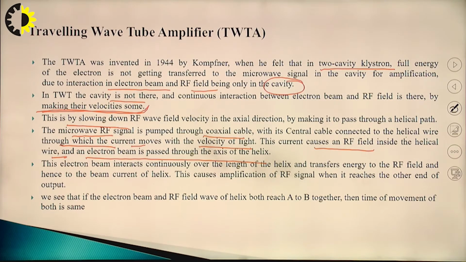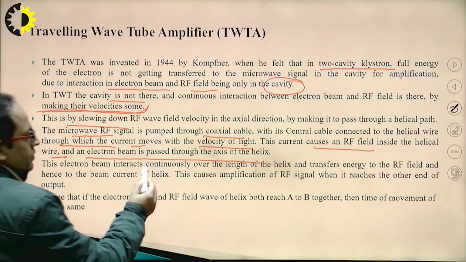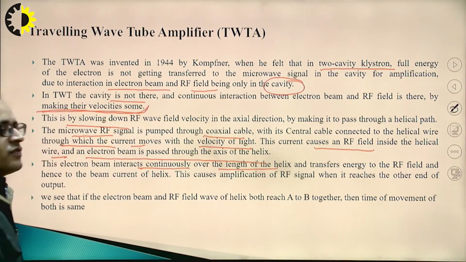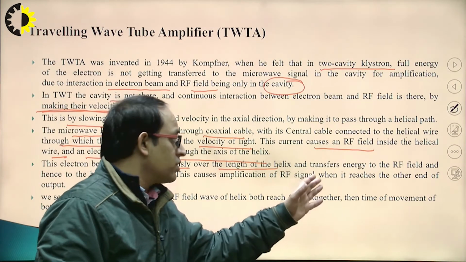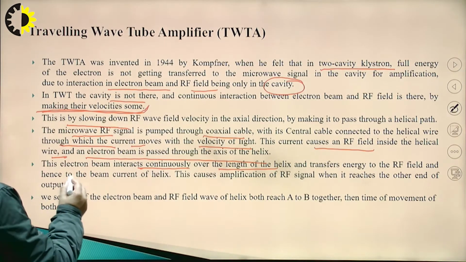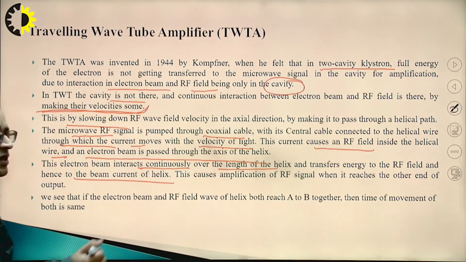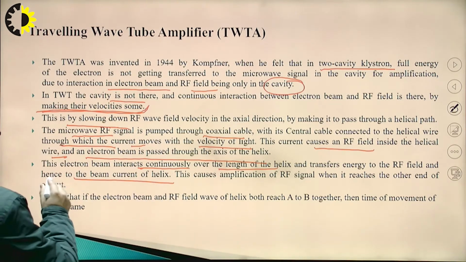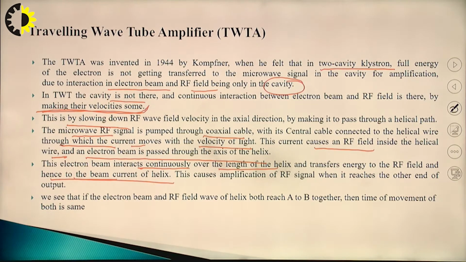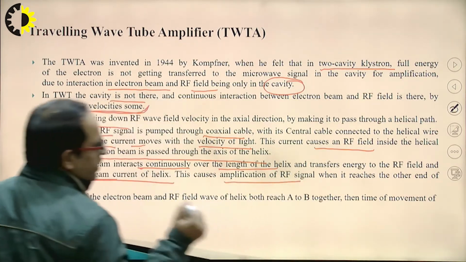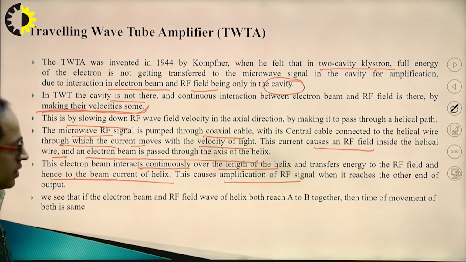So this electron beam interacts continuously over the length of the helix, and the electron transfers its energy to the RF field. When the energy is transferred to the RF field, it is also transferred to the wave of the helix. This causes the amplification of the RF field when it reaches the other end, the output.